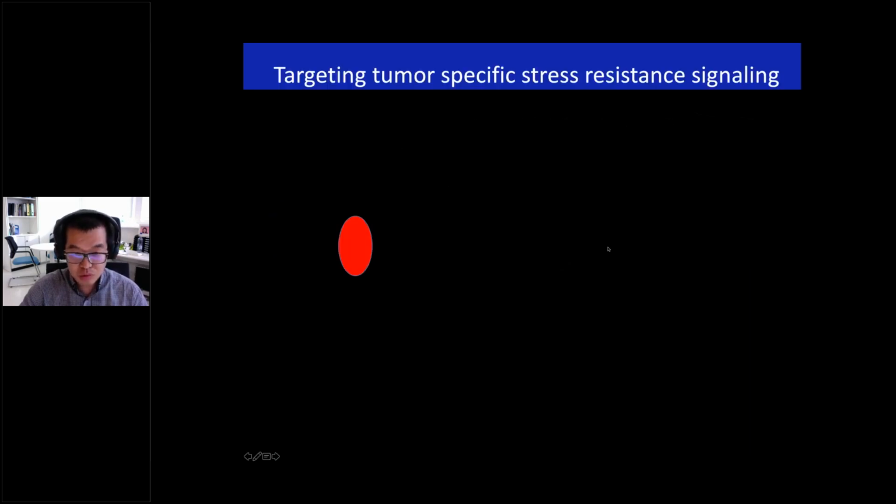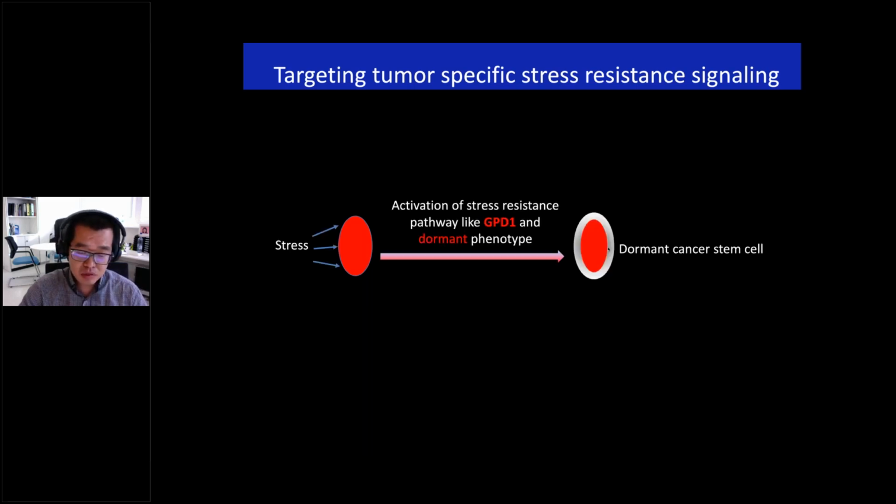So this is how we think it is working: the cancer stem cells are under huge stress because the tumor environment is very stressful. There's massive cell death going on, and somehow the stem cells manage to activate a program to protect themselves, basically hijacking the normal stress-resistant pathway, and they also phenotypically undergo a dormant transition.